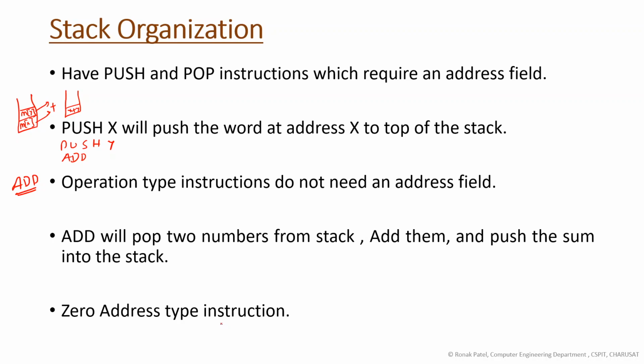Okay, so this is called a zero address type instruction. So in stack organization, in such a CPU organization, we have seen this is a zero type. In register organization, general register organization, we have two or three address.